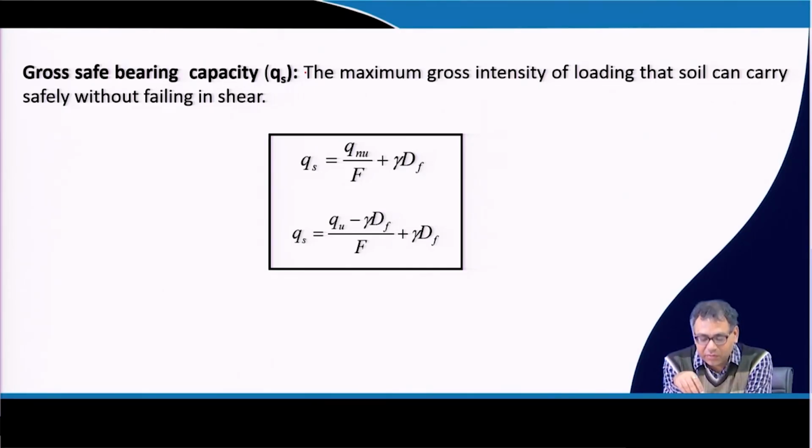So, we do not need to apply the factor of safety to the gamma dF part. You only have to apply the factor of safety for the external load that is coming. Just remember that the gross safe bearing capacity means the net ultimate divided by the factor of safety plus gamma dF, because here we are not applying the factor of safety to the soil surcharge.